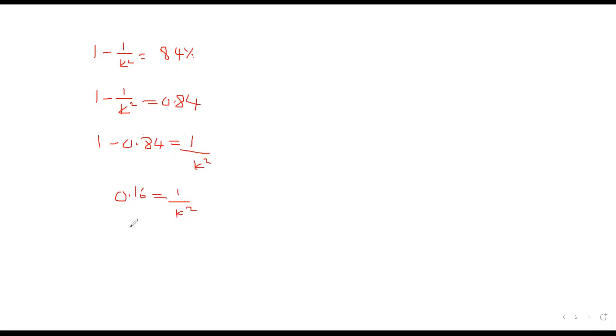So you cross multiply, K squared is equal to, swap positions there, 1 divided by 0.16, we're going to get 6.25. And if we're going to find the value of K, we square root it. It will give us 2.5.